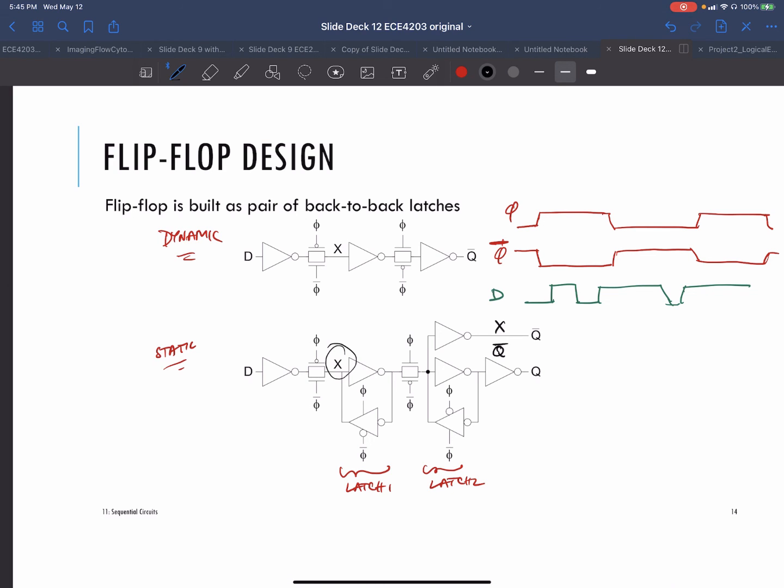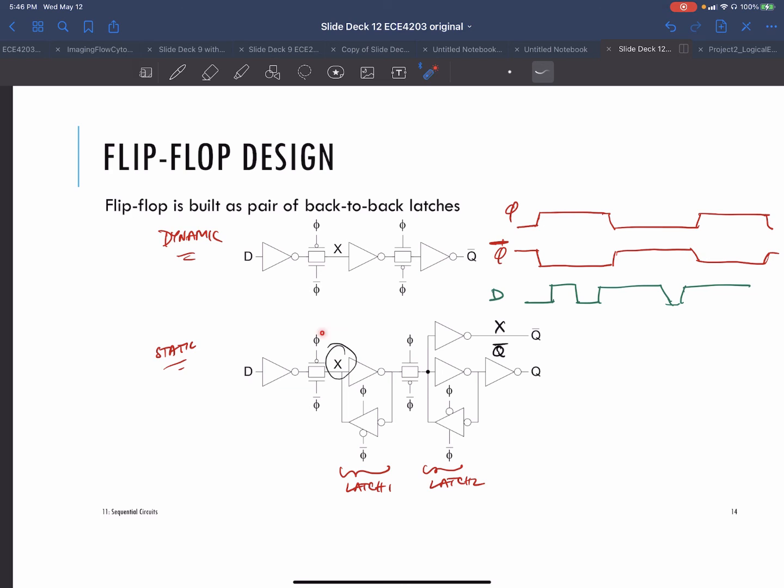Okay, so X initially, here, when the clock is high, so when the clock is high, X is cut off from the input.